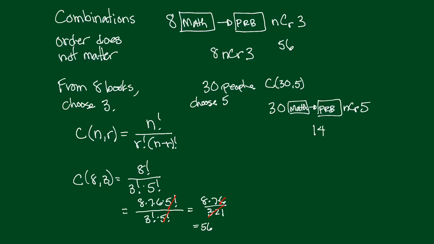I got 142,506. So in a class of 30, if you choose 5 people, how many ways can you choose those 5 people? About 142,500 ways.